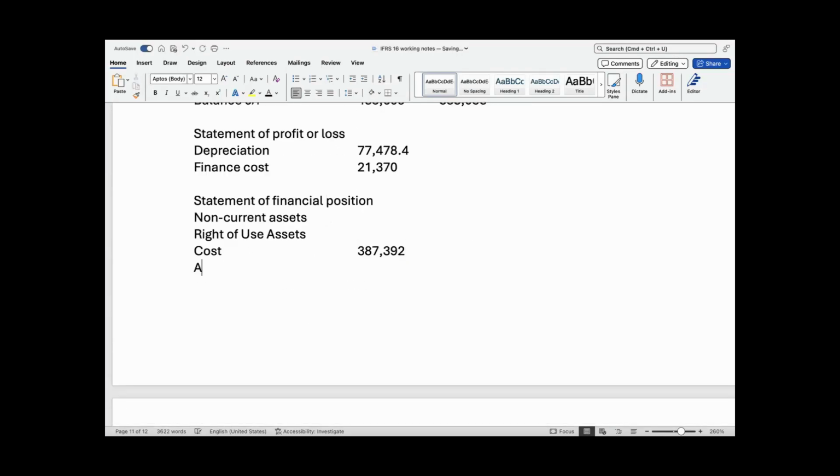You deduct accumulated depreciation, which up there was 77,478.4. So that means our carrying amount is 387,392 minus 77,478.4. That's 309,913.6.